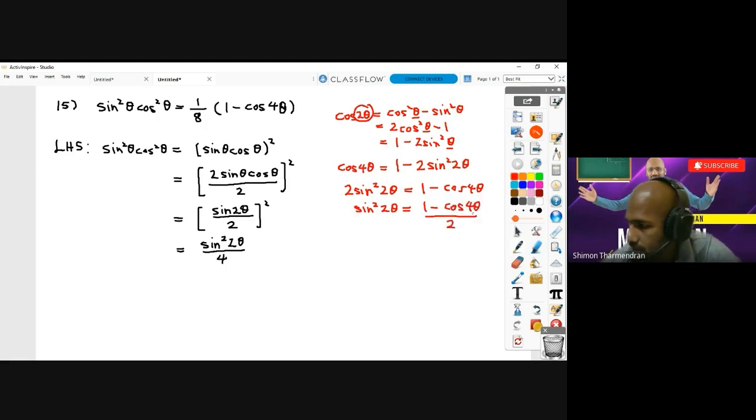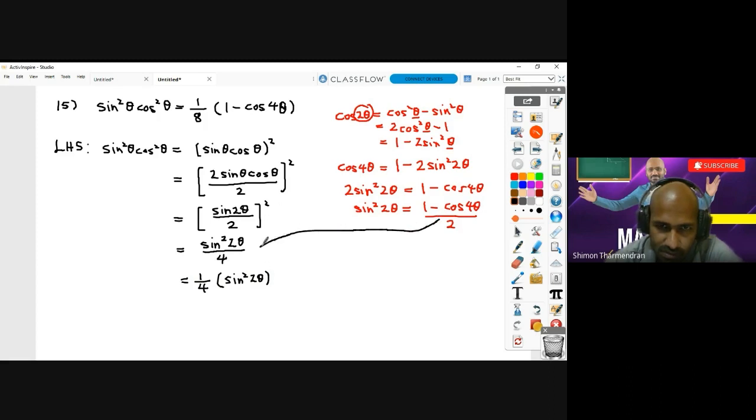So now what I'm going to do, guys and girls, I'm going to rewrite this as 1 over 4 times sine squared 2 theta. Same thing, I'm just writing it differently. And sine squared 2 theta, I replace with this expression.